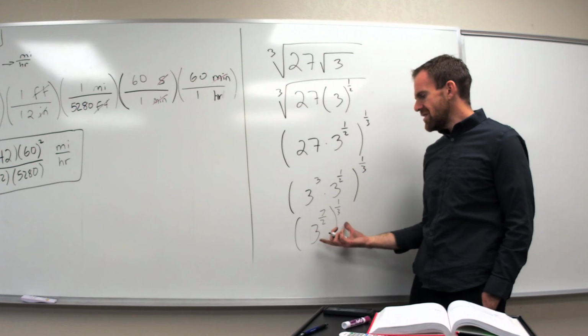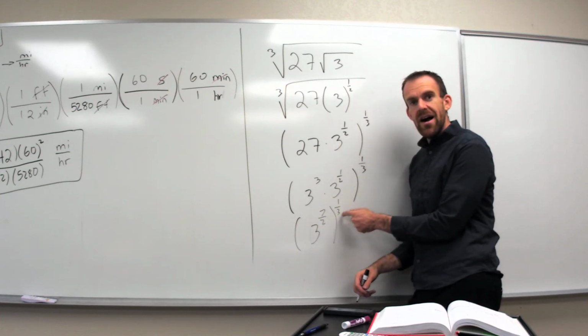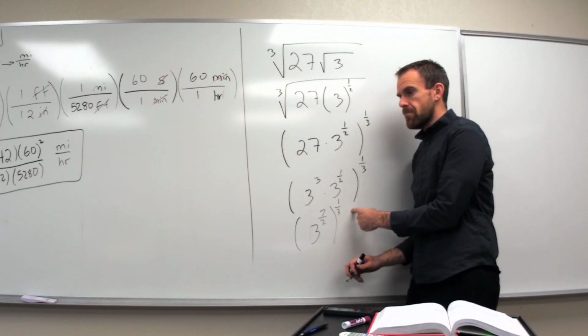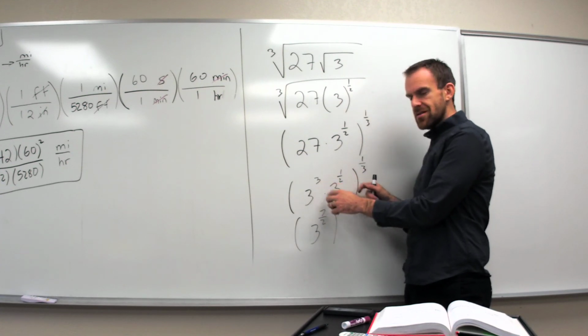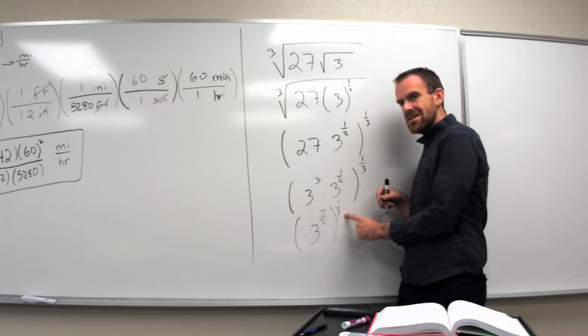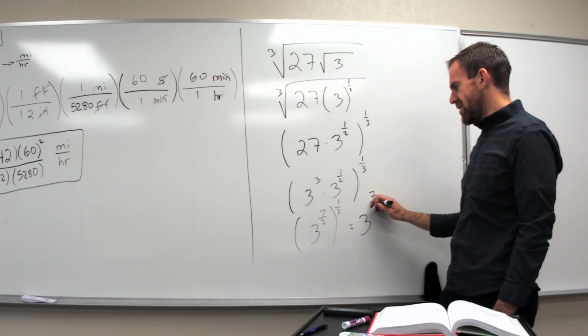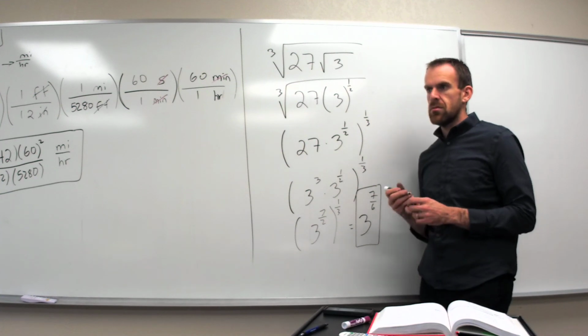Now, this is different because I have this thing inside parentheses, so now I multiply. So if you have both bases multiplied together, you add the powers. If you have something in parentheses, you multiply the powers. So this will be 3 to the 7/6. What's up?